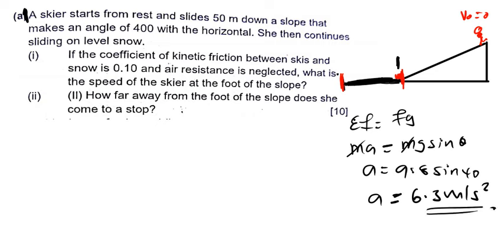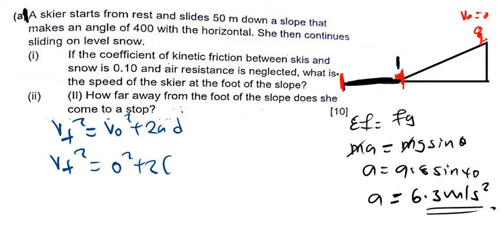Now let's find the velocity. V final squared is equal to V initial squared plus 2ad. The V final squared is the one we're trying to find. The initial, it started from rest, is 0. Acceleration 6.3, d is 50. V final squared will be equal to 2 times 6.3 times 50.